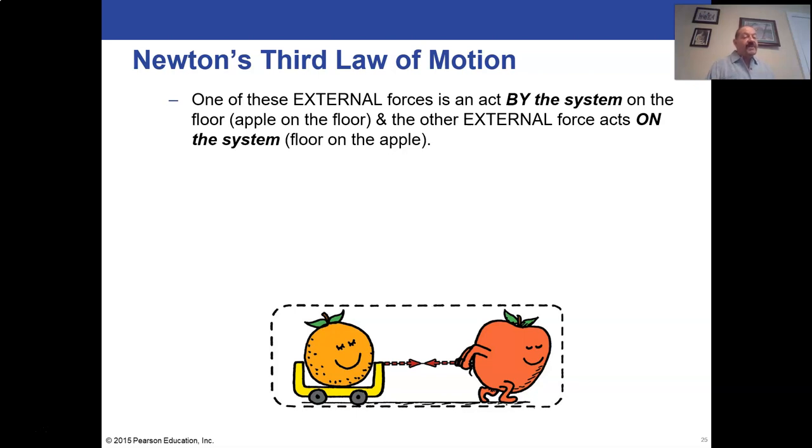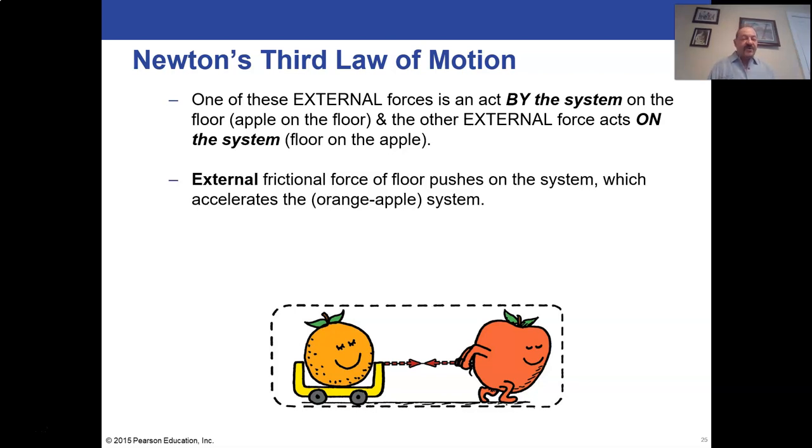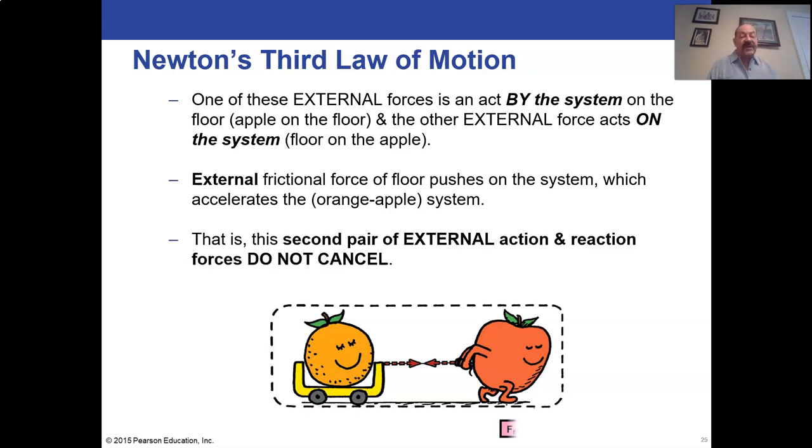The friction of the feet against the floor. So external forces push the system forward and will accelerate the system. When I say accelerate, I mean you start from nothing and you go up to a faster speed, and you could slow down and stop at that point, but to get started you have to accelerate initially.